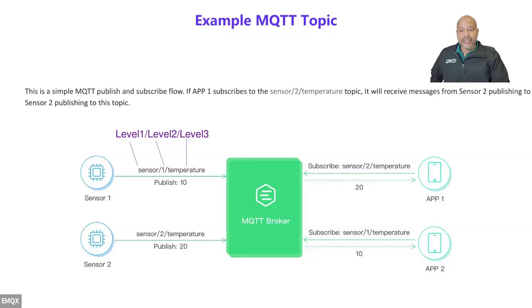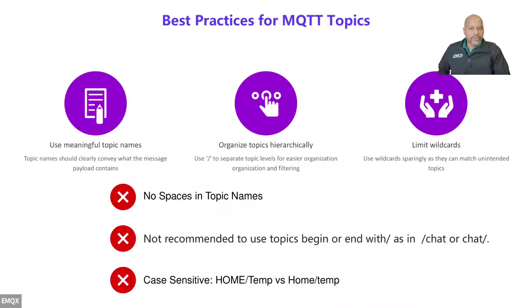So in this topic, we have 3 levels, and any of the clients could subscribe to any or all of these levels. Now, I'll show you how that's achieved. So again, sensors publishing a temperature and apps subscribing to that published data. And we can choose what data we subscribe to by choosing a topic.